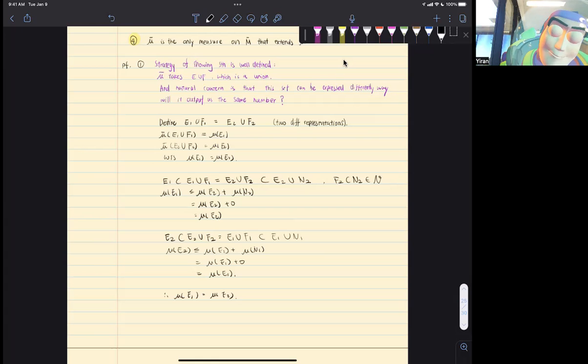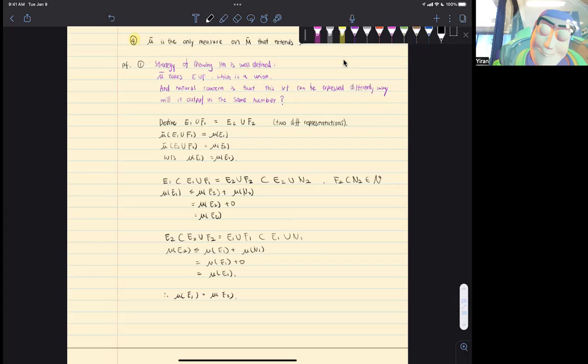And last, we want to show that mu bar is a unique extension of mu to M bar, right? So how do we show that? So suppose there is another extension, called mu tilde, an extension of mu.